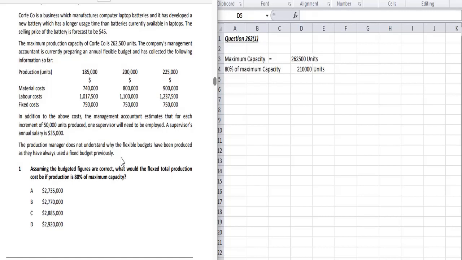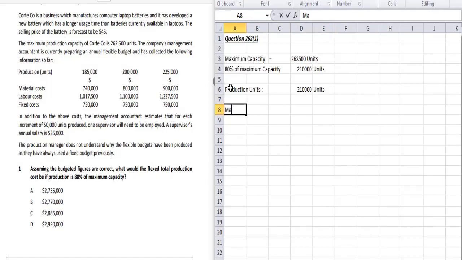So basically you can use the high-low method, but for the high-low method we have to analyze whether there is a semi-variable cost or not. Okay. So now our production unit in our case is 210,000, sorry, right?